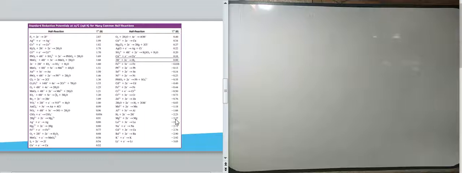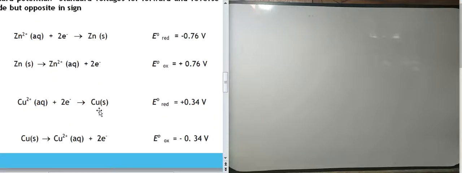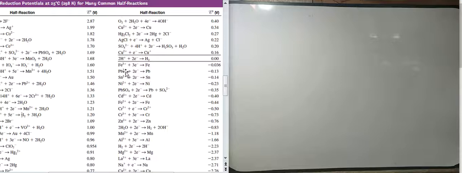This means that everything in that table is a reduction. Reduction only. Let's say, for example, this one, Fe3 plus plus 3 electrons will yield iron. Its standard reduction potential is negative 0.036.